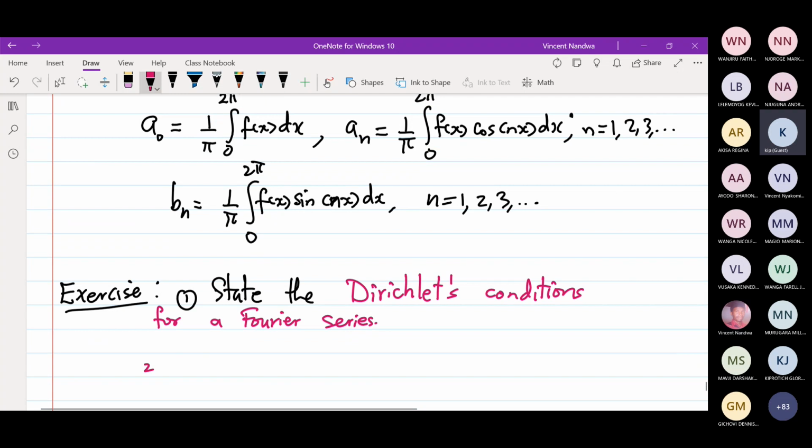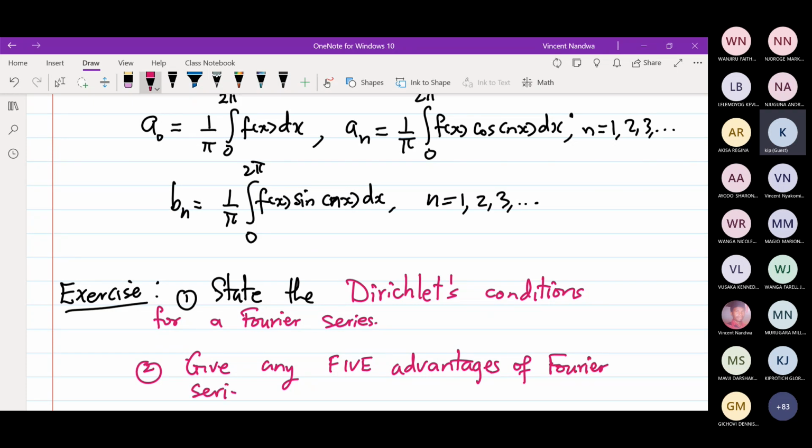And then number 2, state or give any advantage of the Fourier series. At this point, I'm aware that you have also done other types of series in math courses, the Taylor series, the Maclaurin series. So what makes Fourier series a better series than, say, Taylor series and other types of series you've done before?